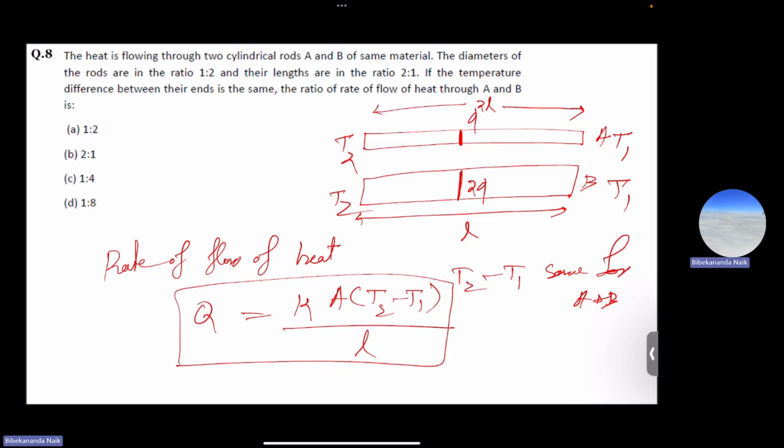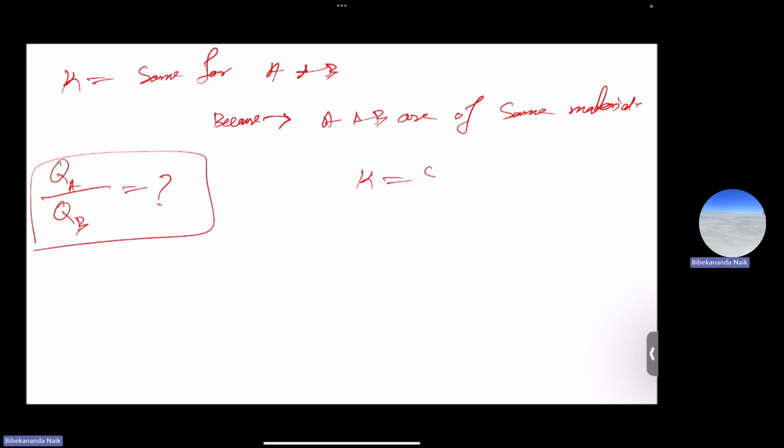So now let's solve this one. K is the same, and temperature difference T2 minus T1 is also the same for A and B. So now what will be QA by QB?